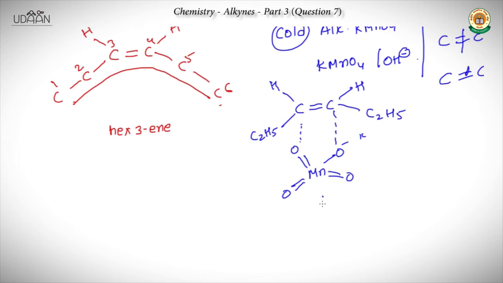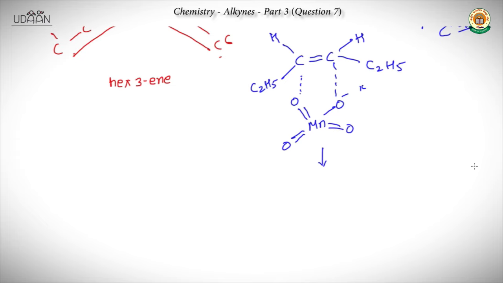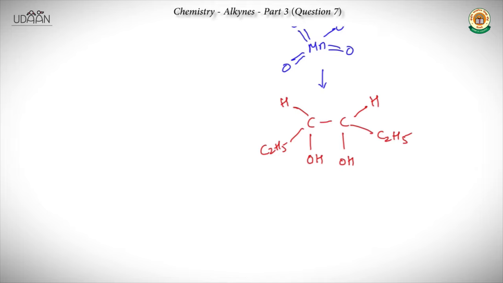So the OH will be attached on the same side, giving CC with OH OH, C2H5 H, C2H5 H. Now in the question you are also asked to find the stereochemistry of it.